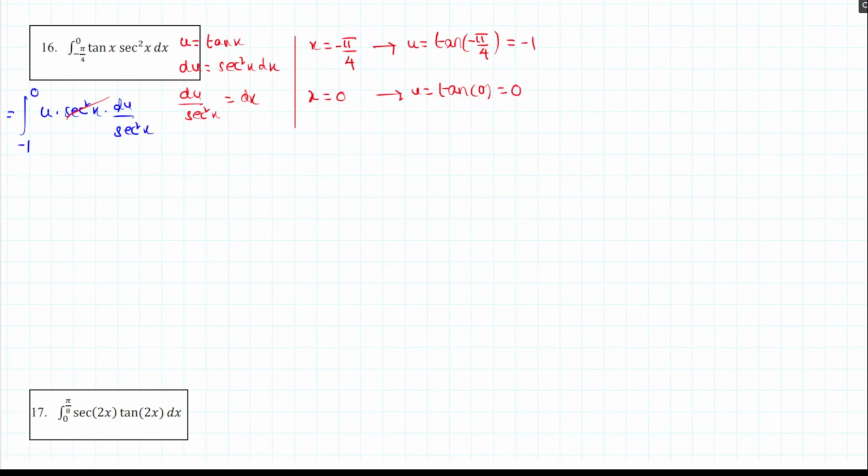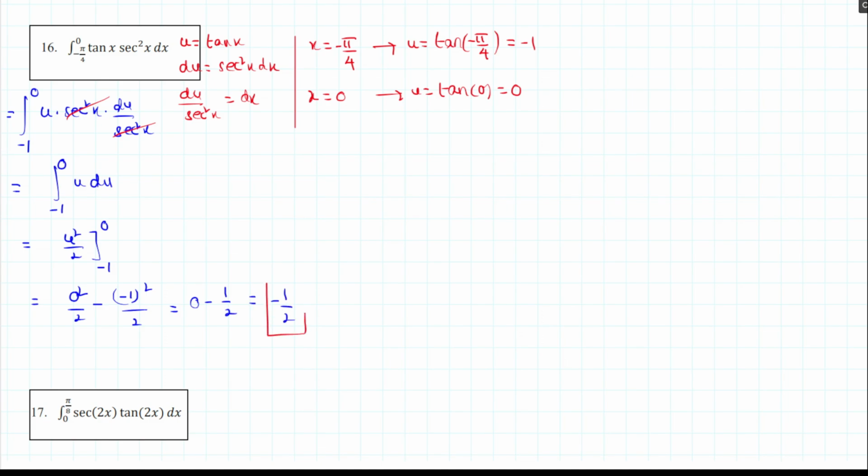Here the secant square x gets cancelled, so this integral becomes the integral from negative 1 to 0 of u du, which is u square over 2 from negative 1 to 0, which is 0 square over 2 minus negative 1 whole square over 2, which is 0 minus 1 half, which is negative 1 half. So therefore the integration is negative 1 half.